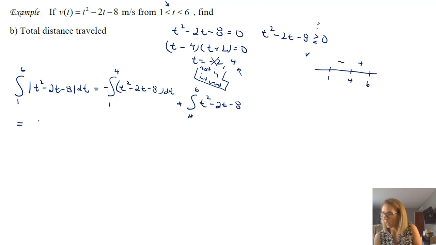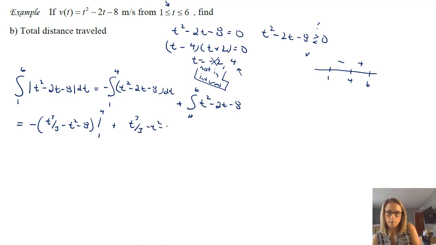So I'll put the negative here, t cubed over 3 minus t squared minus 8t from 1 to 4. And then we have regular t cubed over 3 minus t squared minus 8t, and that's going to be from 4 to 6.